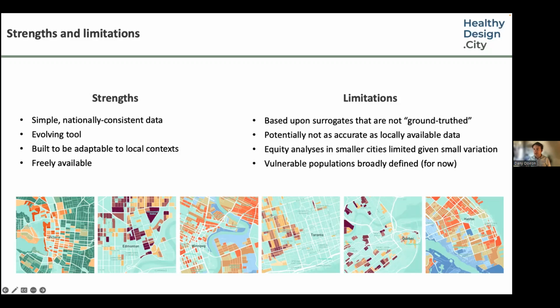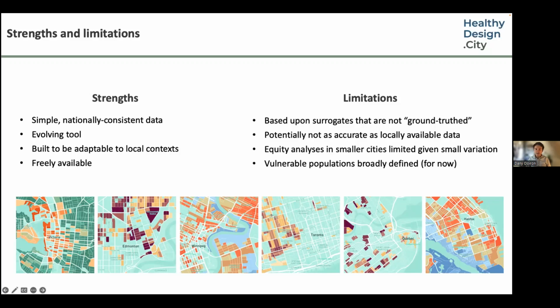Another limitation is the equity analyses in smaller communities might not be as useful given this relatively small variation in built environment and vulnerable population data that we see in these communities compared to larger cities.